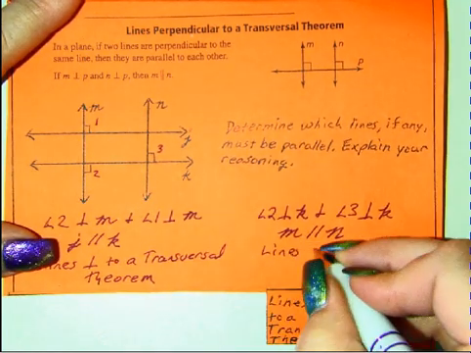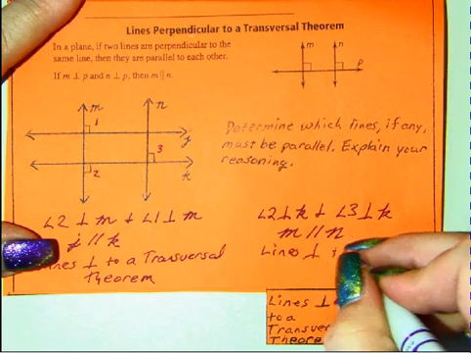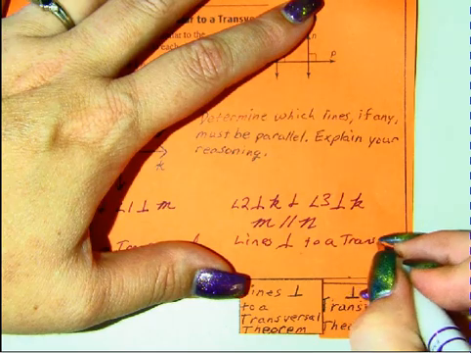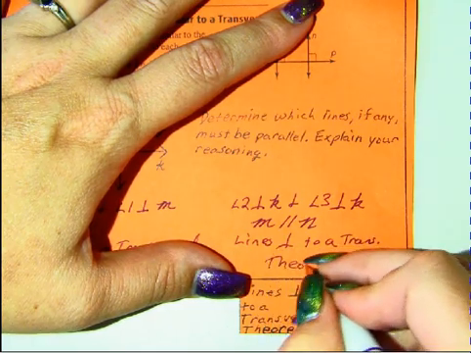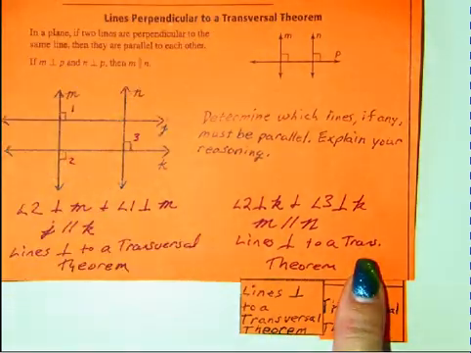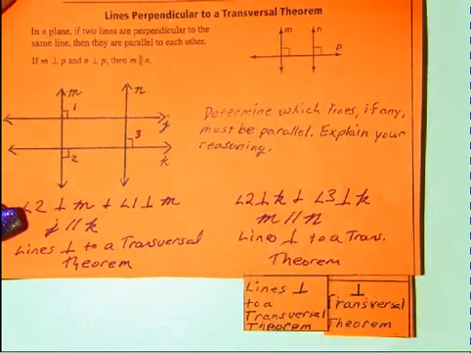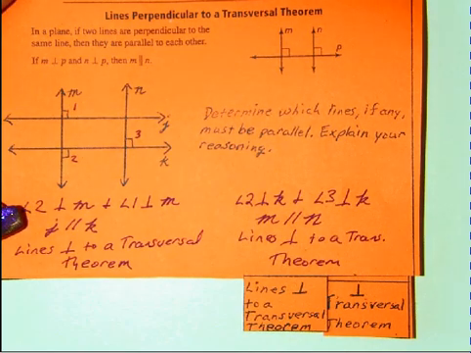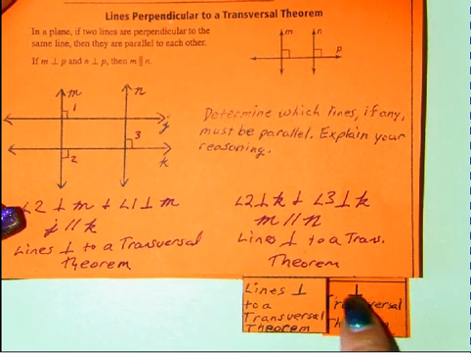Lines perpendicular to a transversal theorem. Okay? So if they're perpendicular to the same transversal, then the lines are parallel to each other. All right, let's keep going.